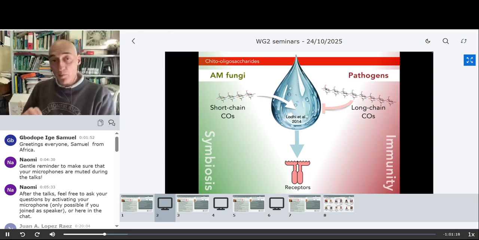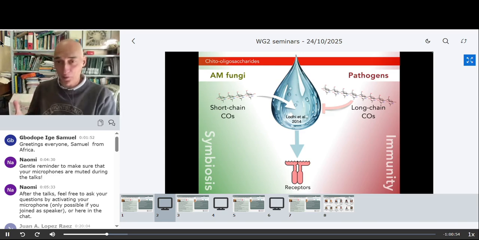This means that probably short chain COs can more easily and possibly more quickly reach the receptors, whereas long chain COs will arrive with some delay, with more time, or more difficulty. And indeed, in this line, it was shown that pathogens maybe have an interest, if we can put it this way, to humanizing them a bit, in not alerting the plant too soon that they are coming.